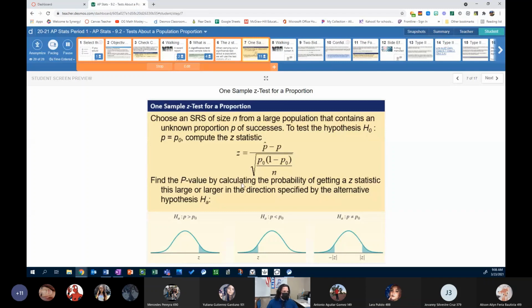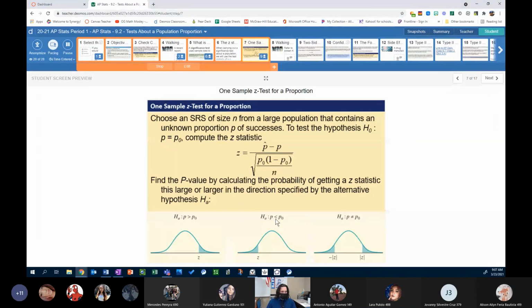Find the p-value by calculating the probability of getting a z statistic this large or larger in the direction specified by the alternative hypothesis H sub a. If our alternative is that the true value is greater than the null value, then we look at the standard normal curve and the proportion of the curve greater than that z value.